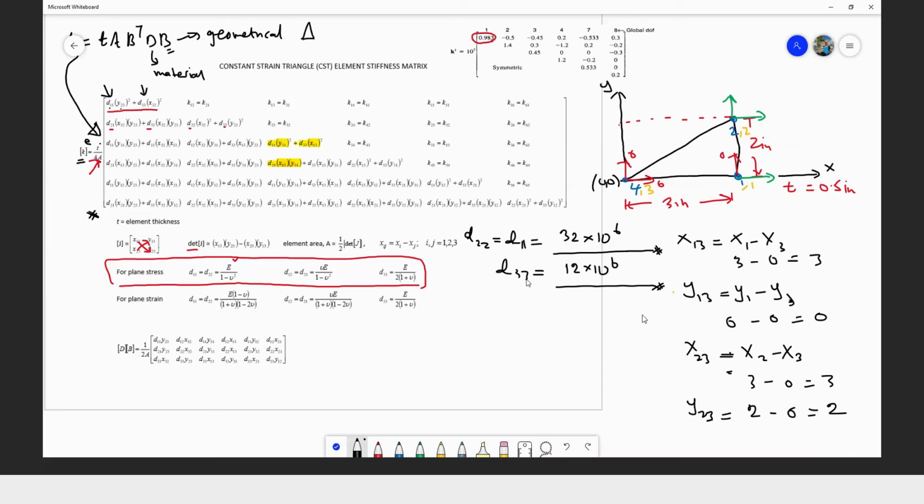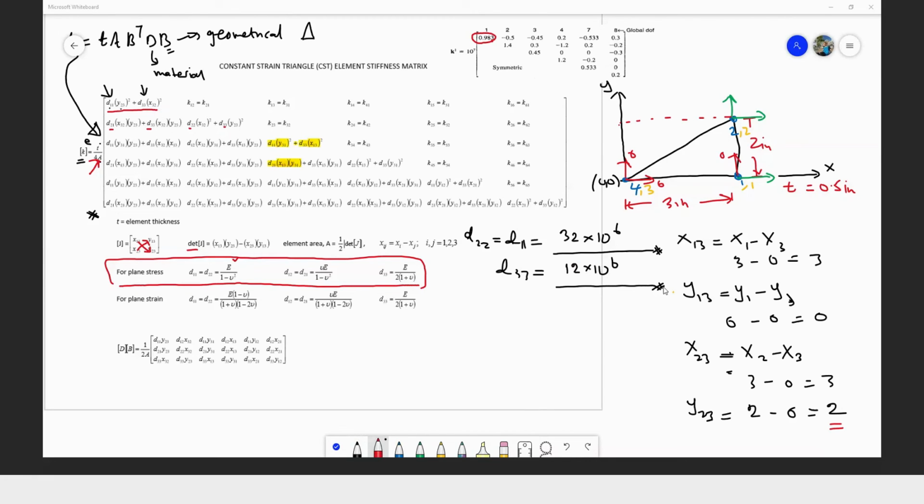All right, now we have this information, D11 and D33. Then we already calculated y23, which is equal to 2. And then x32, we didn't calculate it yet, right?